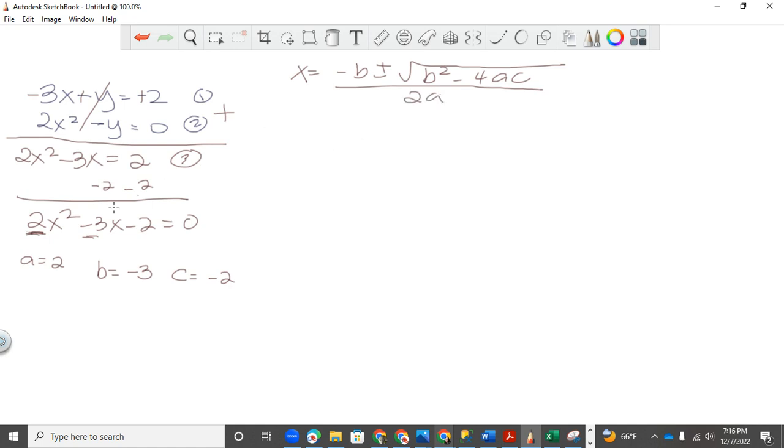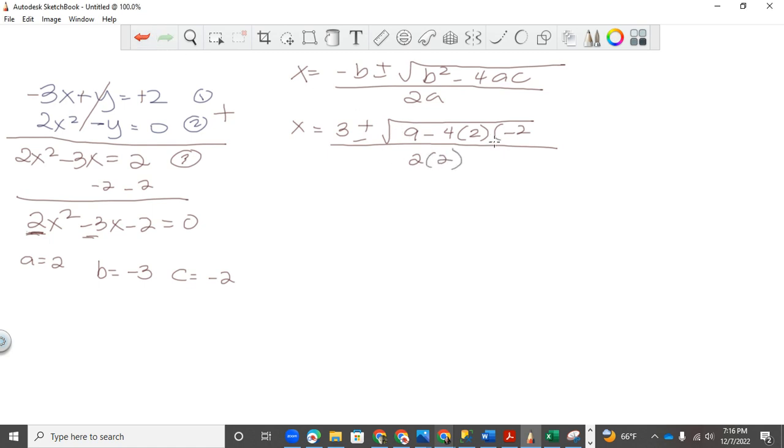So we substitute each of those values. x equals negative b, but b is already negative, so that's just 3, plus or minus the square root of negative 3 squared, that's 9, minus 4 times a, which is 2, times c, which is negative 2, all over 2 times 2.